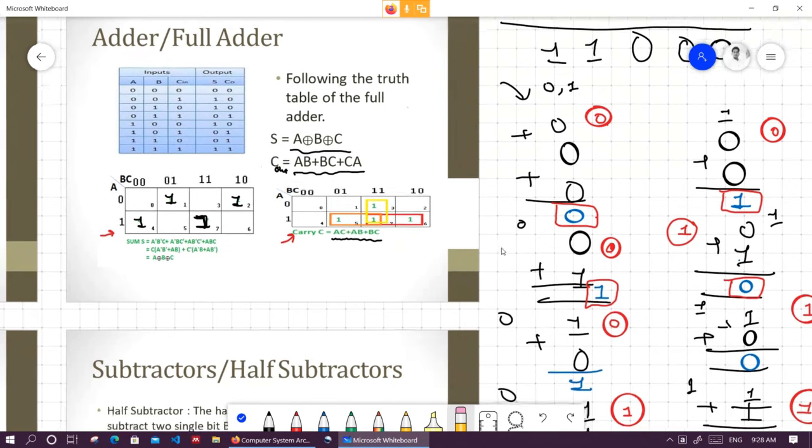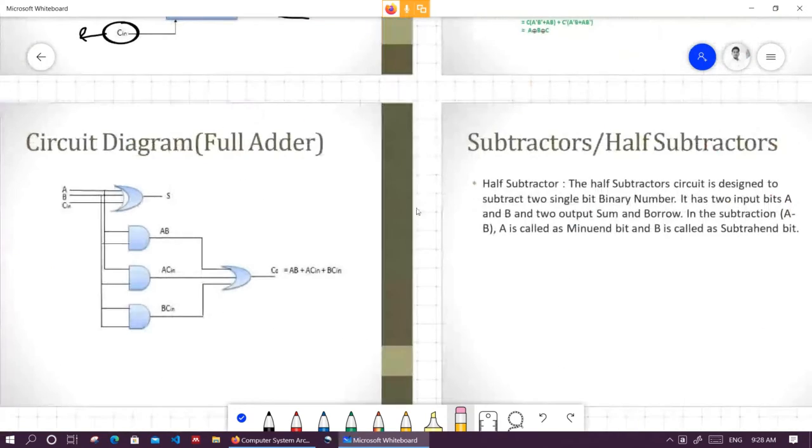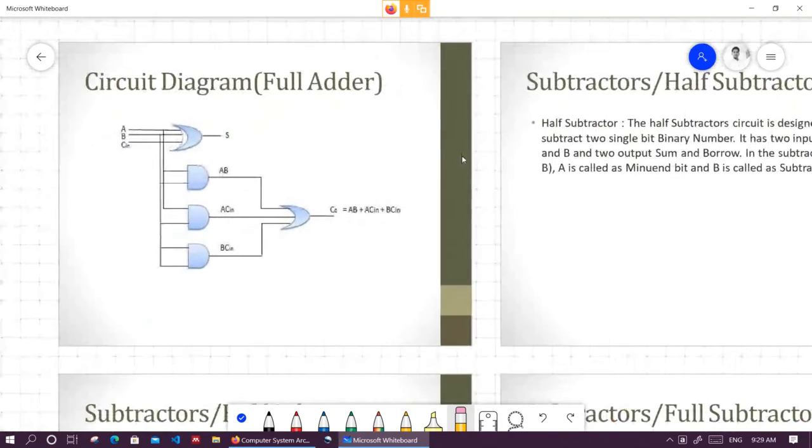Based on that, we can draw the circuit. So this will be the circuit of full adder. So we have three inputs A, B and C. This is the output sum, and this is the output of carry out, and these are the intermediate outputs.